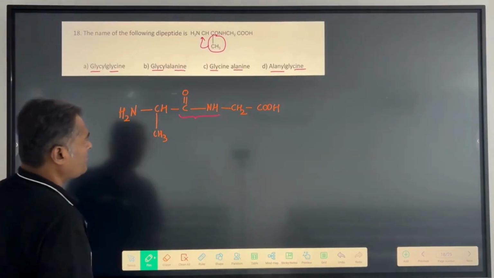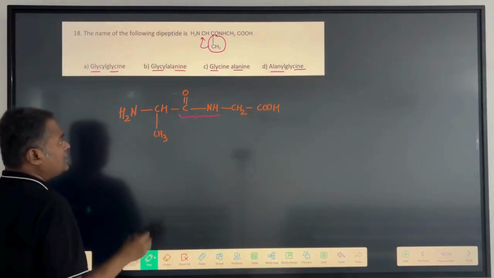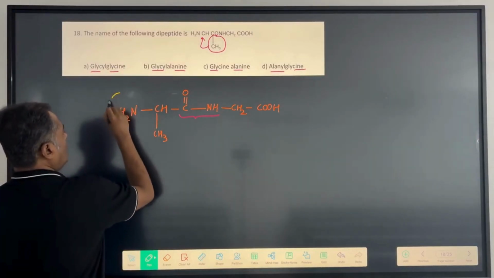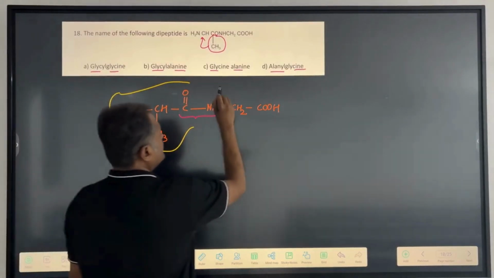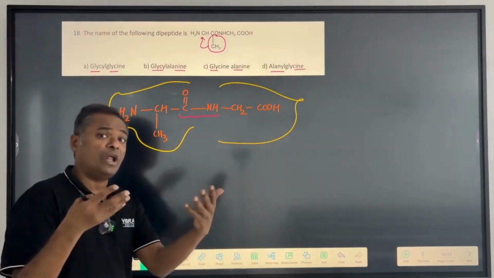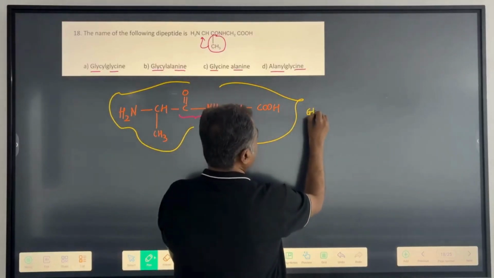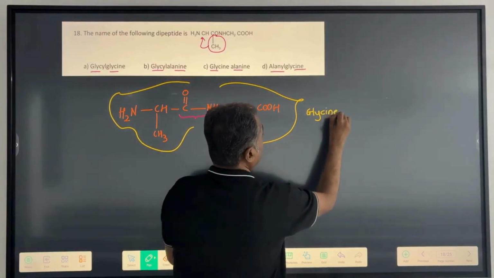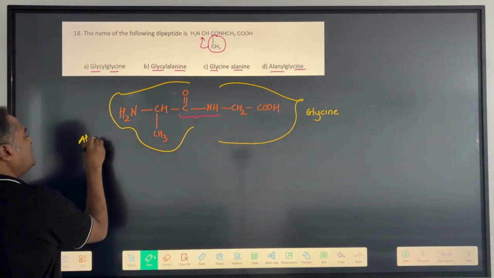So do one thing. If you check in this example, child, this is one of the units and this is the other unit. That means these are two alpha amino acids which have been joined, and from the structure, this unit looks like a glycine unit and this unit, having a methyl, looks like an alanine unit.